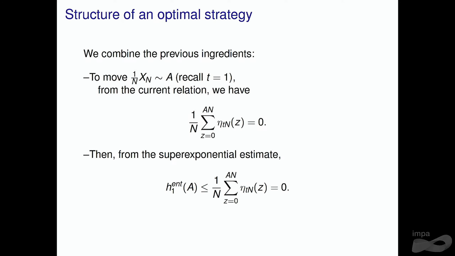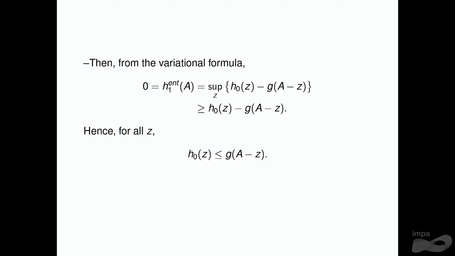So we should have that this is bigger than the continuum height function, so this value is 0. Okay, so from the variational formula, you just play around with it, and so this is true for every z.